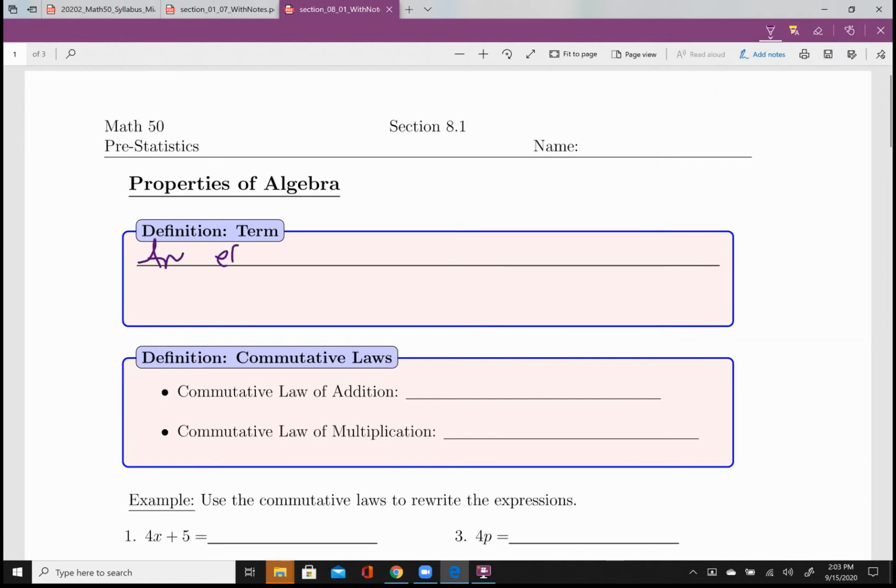An element in an expression that is separated by addition or subtraction.